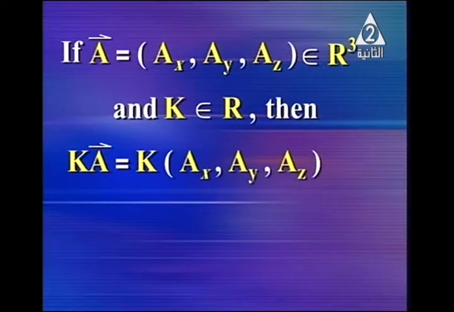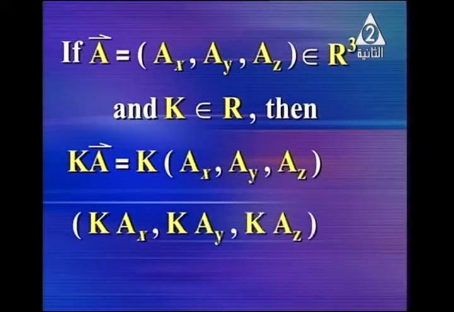Then when we multiply K by A vector, we multiply K by each component of AX, AY, AZ, equals KAX, KAY, KAZ. This vector must belong to R3.